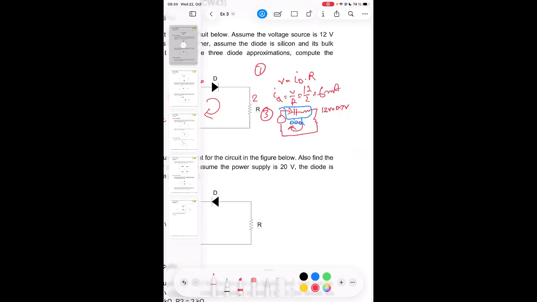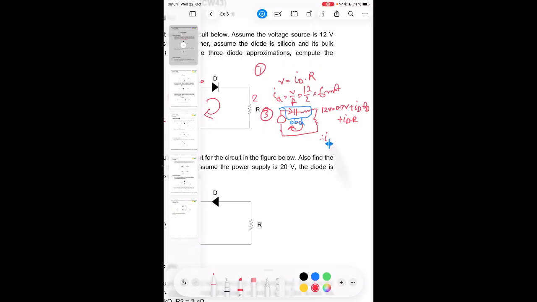But the piecewise model is the most realistic model from those three. If you would like to take really the real numbers, you need to work with the mathematical model, which is the Shockley equation. So we need to draw the graph, linear model, or just really calculate with the exponential function.